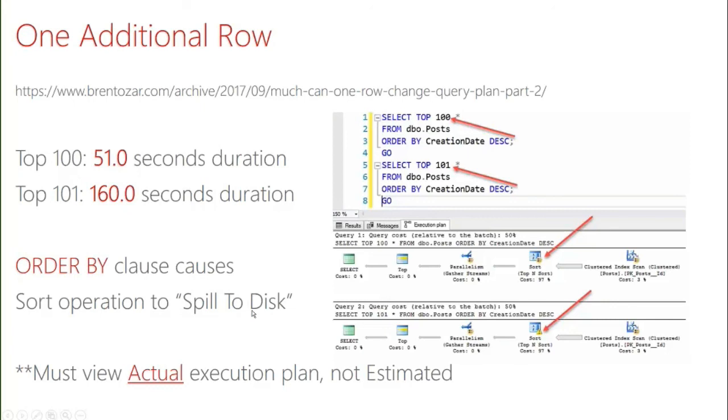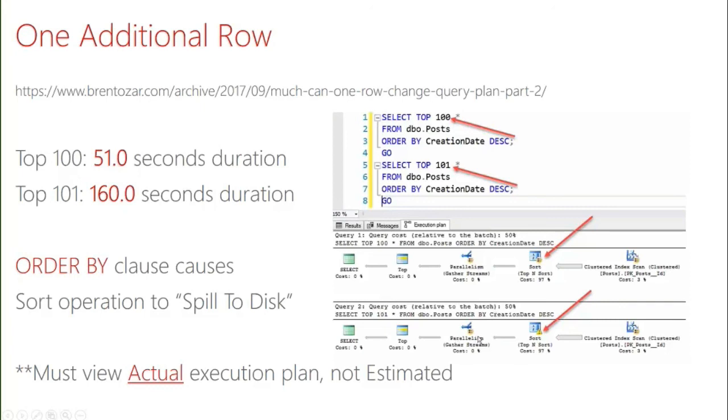It had to use the tempdb on physical disk to push that data there because it's saying, well, I'm over 100. This might be a really big result set. I better prepare for it. It sucks up a big chunk of memory behind the scenes to prepare for that, and it spills to disk regardless just to be conservative, and then it will perform the query. So that's why it takes 3 times longer for one additional record.